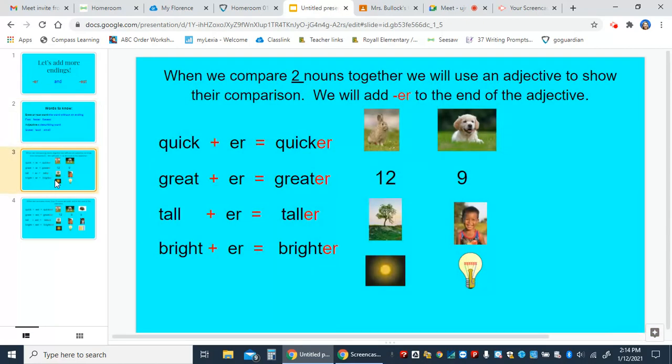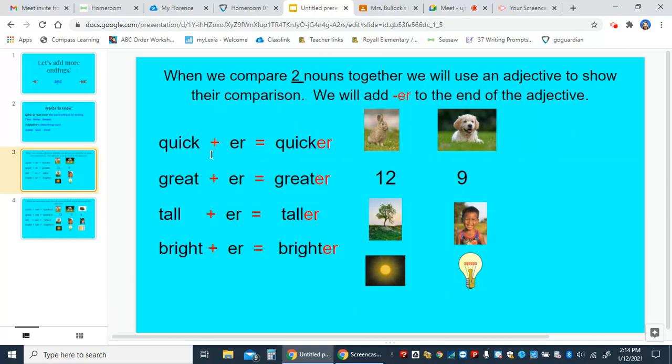Moving to the next slide, it says when we compare two nouns together, we will use an adjective to show their comparison. We will add ER to the end of the adjective. So right here with my picture of my bunny and my picture of my puppy dog, I'm only comparing two things right now, aren't I? One, two. So I'm going to use the adjective quick.